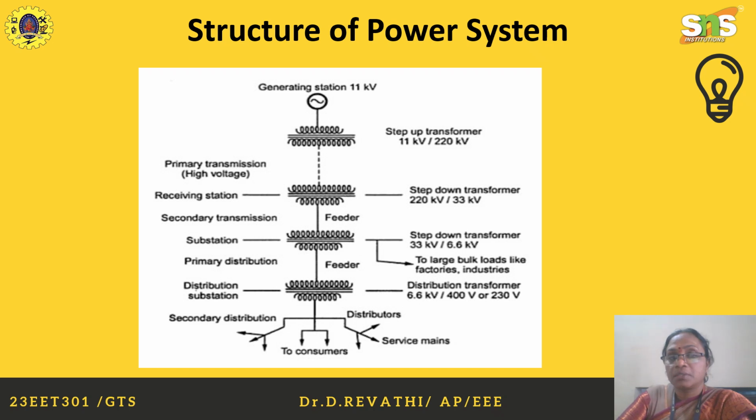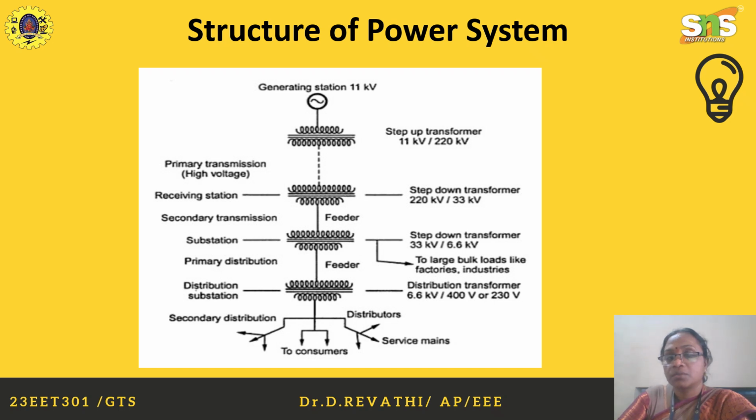Then it goes as primary distribution to the distribution substations, which have 6.6 kV, 400 volt, and 230 volt. Based on the distributors or secondary distributors or service mains to the consumers, the voltage transferred is 6.6 kV, 400 volt, and 230 volt.